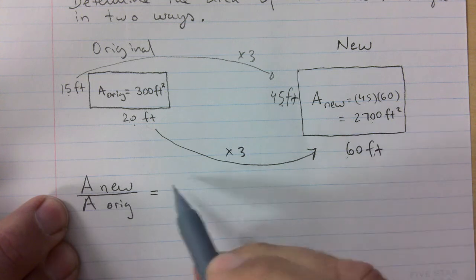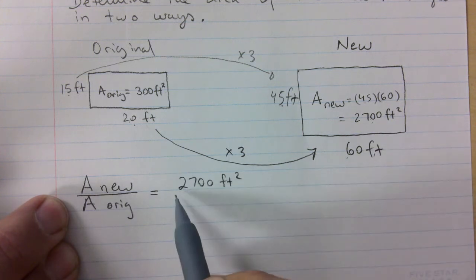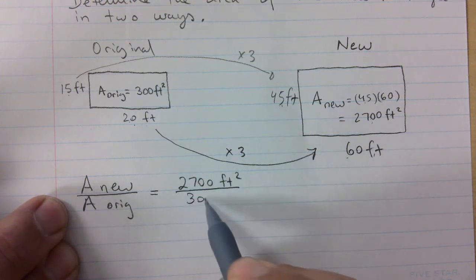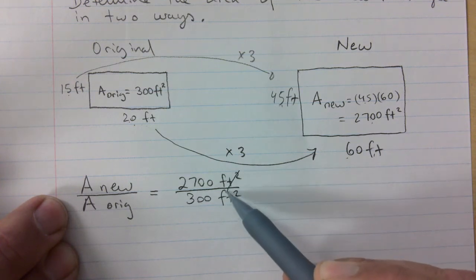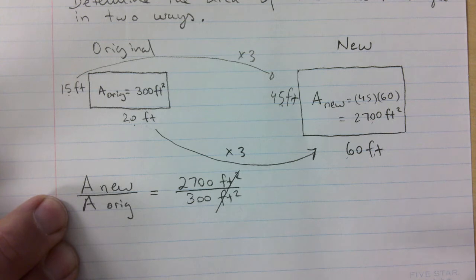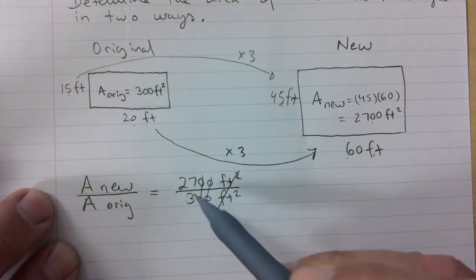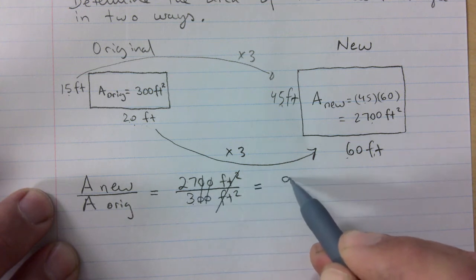So let's take the area of the new, which is 2,700, and the area of the original, which is 300 square feet. The square feet can cancel out like that. The zeros cancel out as well. So 27 divided by 3 is just 9.